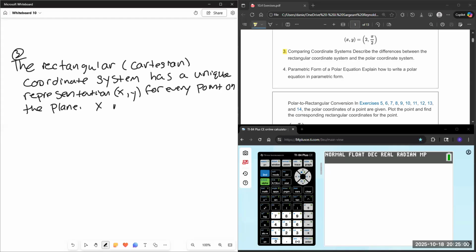X measures the distance from the y-axis to the point.